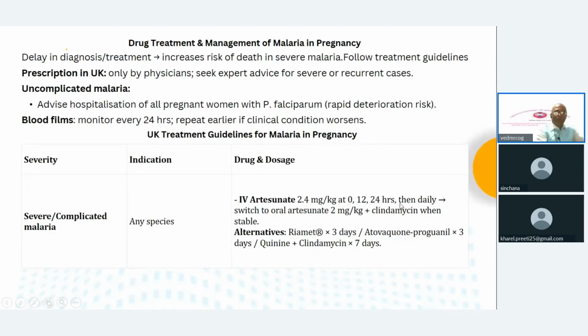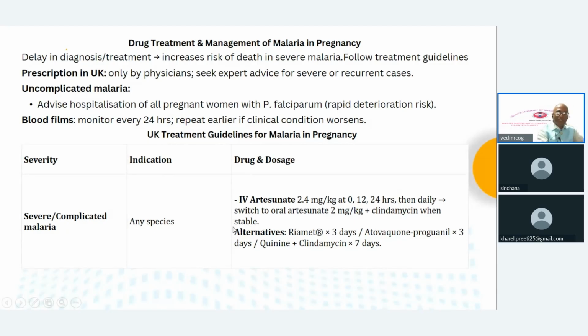It will be given daily after that. So first day BD dose, then daily, switching to oral artesunate 2 milligram per kg plus clindamycin when the patient becomes stable.